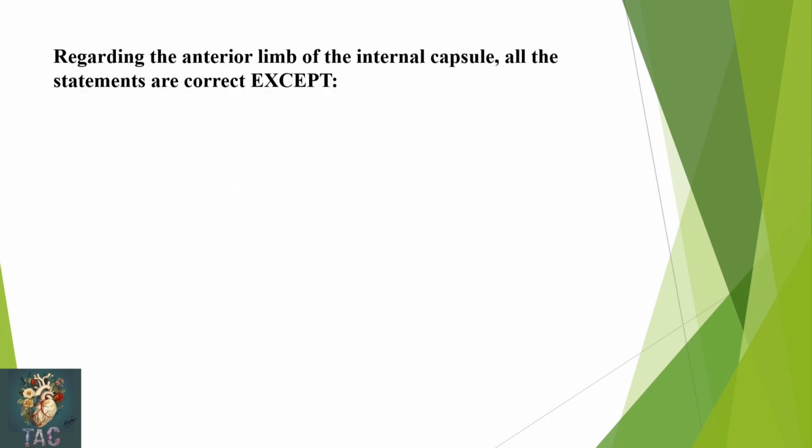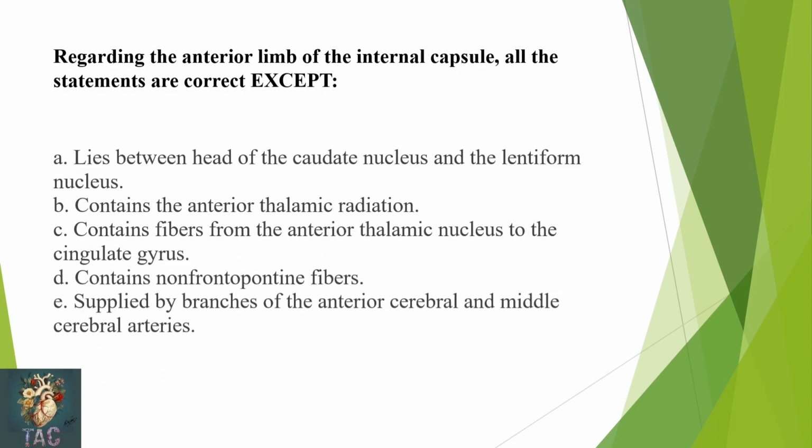Regarding the anterior limb of the internal capsule, all of the following statements are correct except: it lies between the head of the caudate nucleus and the lentiform, contains the anterior thalamic radiations. Yes. Contains fibers from the anterior thalamic nucleus to the cingulate gyrus. Yes. Contains non-frontopontine fibers.